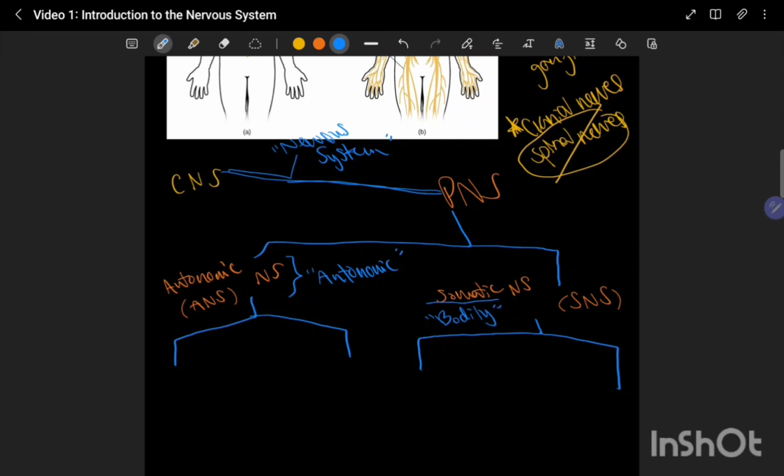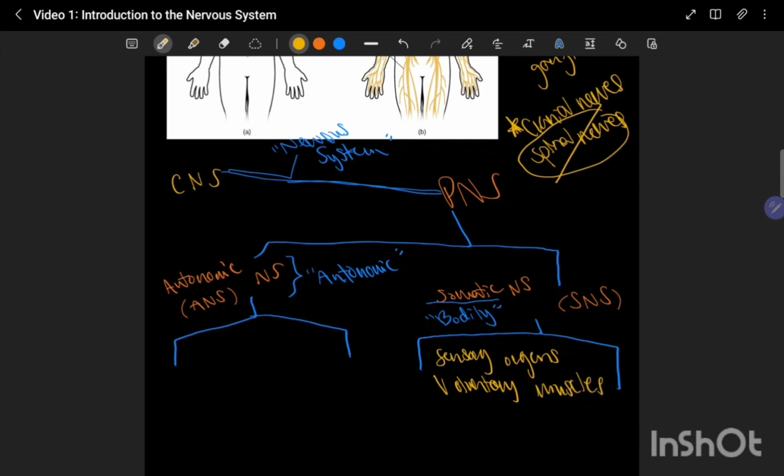We called that the soma. In this case, somatic refers to the fact that we have bodily control over this division of the nervous system. So things we would expect to find here would be sensory organs and voluntary muscles. Voluntary muscles being our skeletal muscle that we can voluntarily contract.